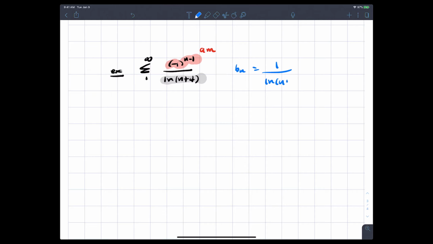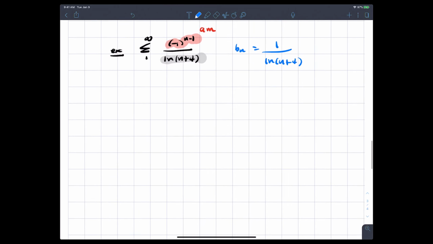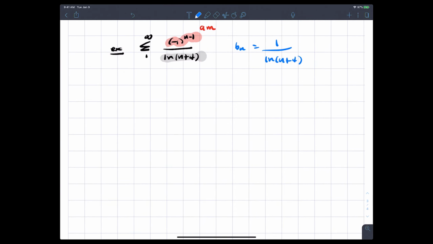And there's a very simple way to see that this is decreasing. Notice something here. I want you guys to consider this: the natural log function is an increasing function. But if I write this as a reciprocal, 1 over the natural log, then it is actually decreasing.